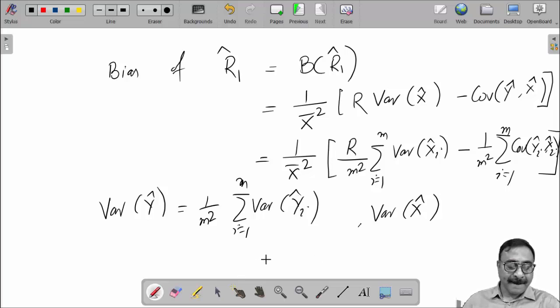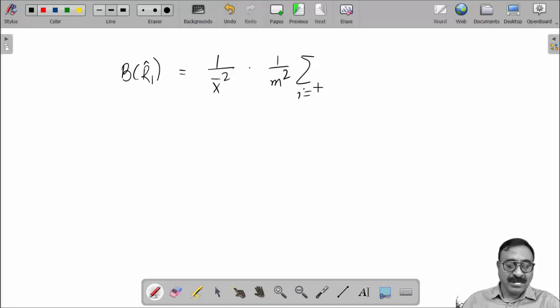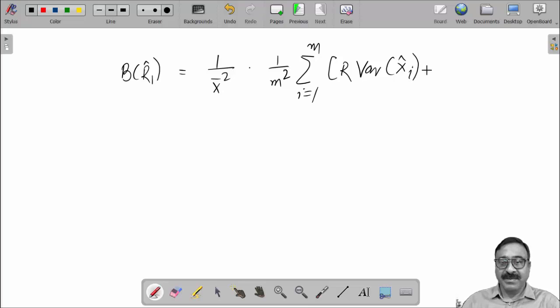So now bias in R1 cap equal to 1 by X bar square into 1 by m square summation i equal to 1 to m, R variance of xi cap minus covariance of yi cap, xi cap.